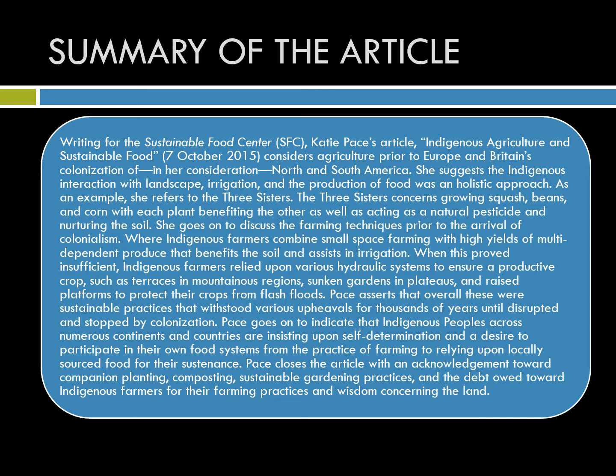She goes on to discuss the farming techniques prior to the arrival of colonialism, where indigenous farmers combined small space farming with high yields of multi-dependent produce that benefits the soil and assists in irrigation. When this proved insufficient, indigenous farmers relied upon various hydraulic systems to ensure a productive crop, such as terraces in mountainous regions, sunken gardens in plateaus, and raised platforms to protect the crops from flash floods.